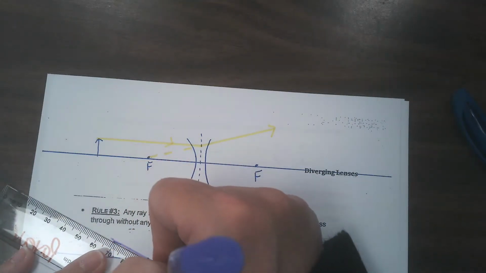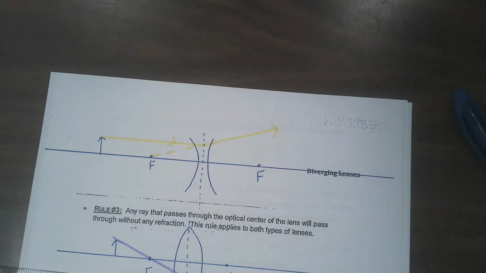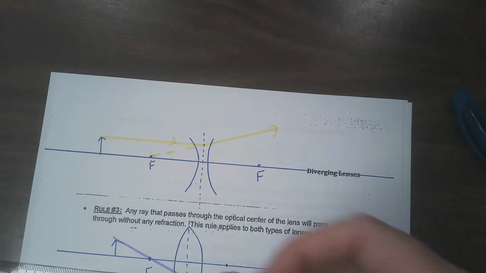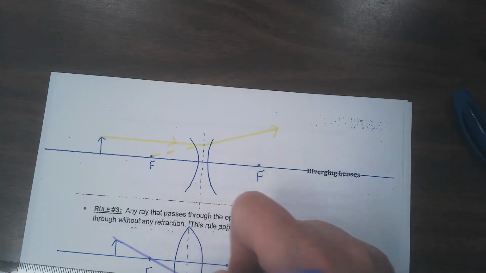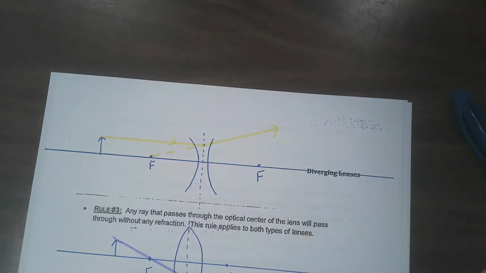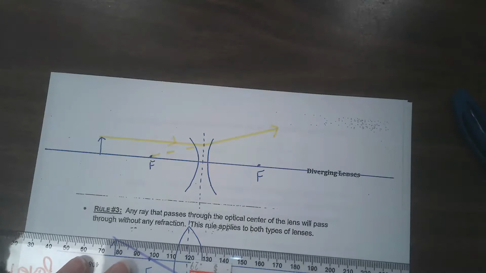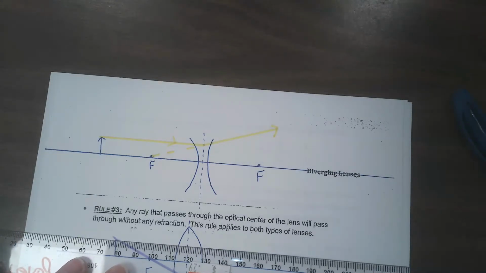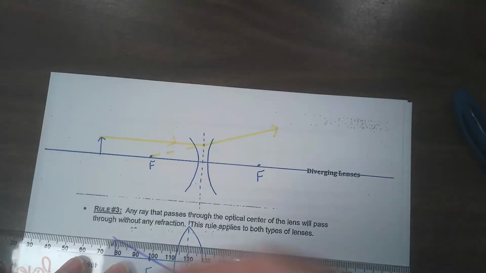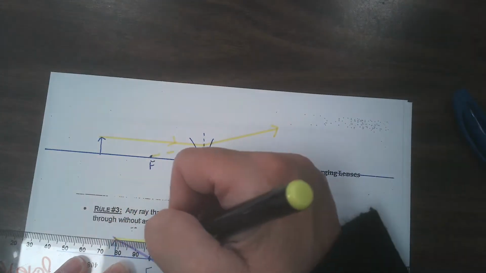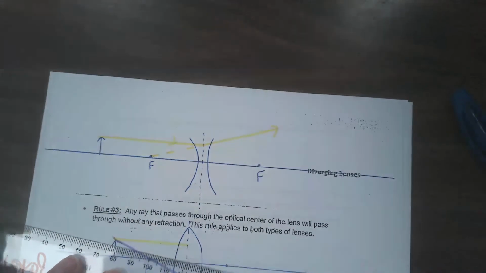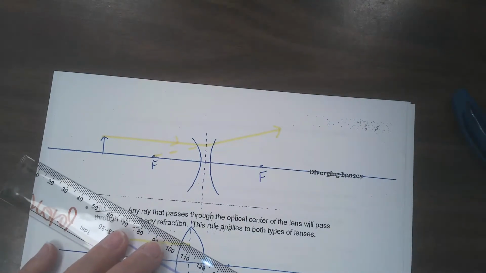Goes here till we hit the principal plane. Then it runs parallel to the principal axis. It's nice and long. Rule number 2 is it runs parallel to the principal axis from the tip of the object to the principal plane, and then it runs through that focal point.